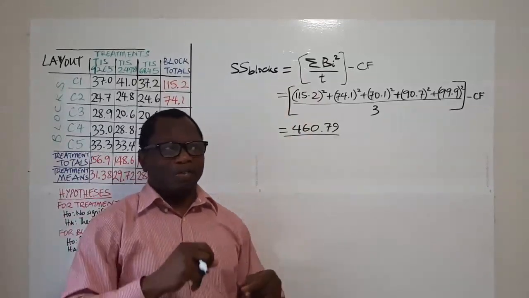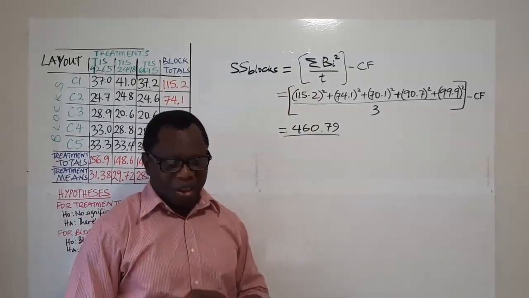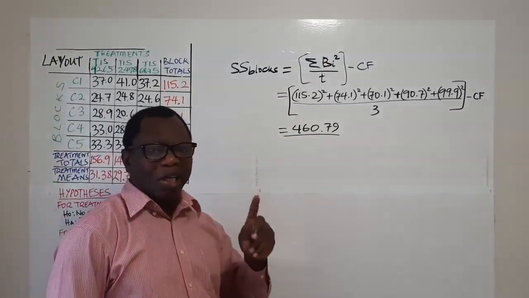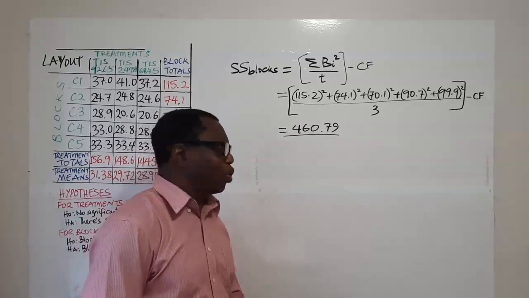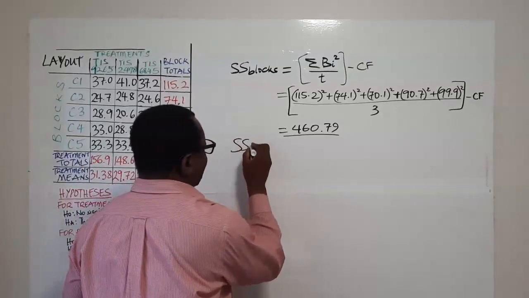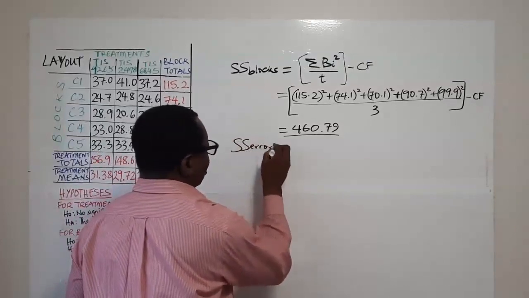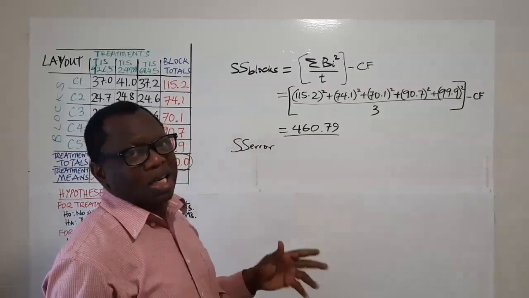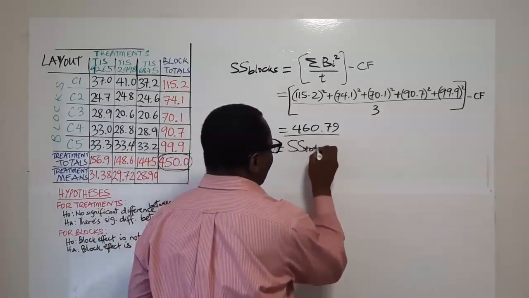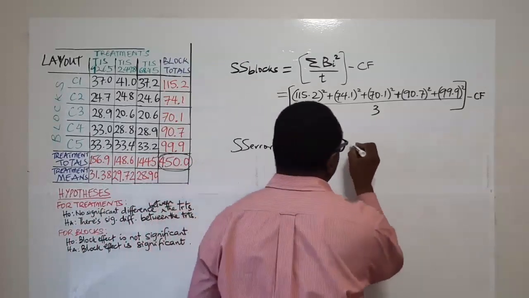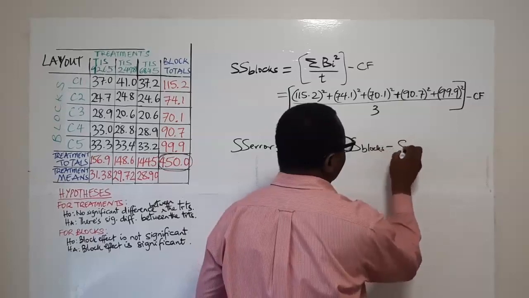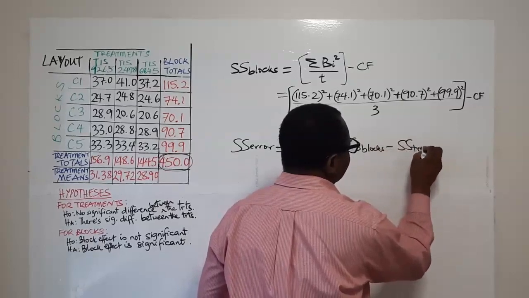So now we have computed the sum of squares for the various sources of variation, remaining the error sum of squares, which is normally expressed as SS error. And what's our SS error? SS error is simply SS total minus all the other SS. So it's minus our SS blocks minus our SS treatments.